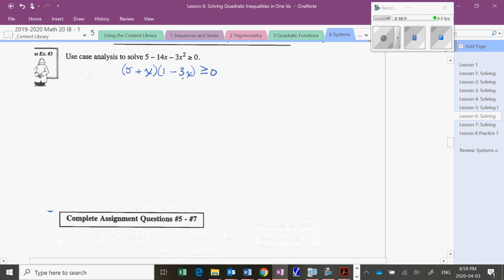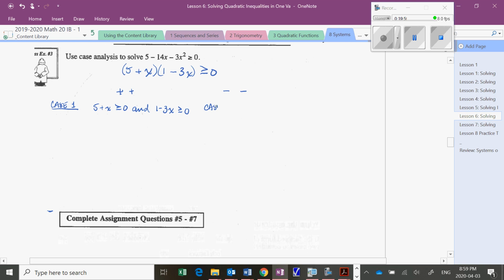In order for that to be greater than or equal to 0, we either have, and if it helps you to write down positive, positive, or else the fact that we could have negative, negative. So our case 1 is just that, positive, positive, which means that 5 plus x is greater than or equal to 0. And at the same time, 1 minus 3x must also be greater than or equal to 0.